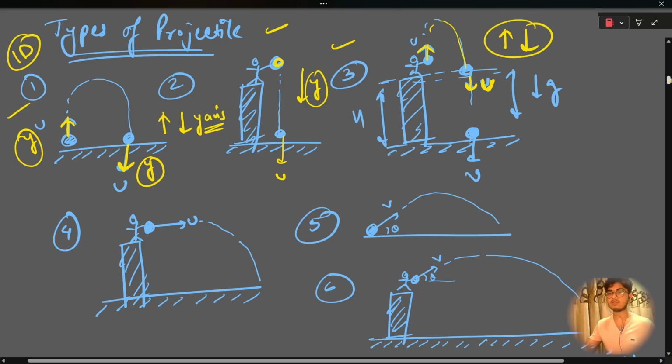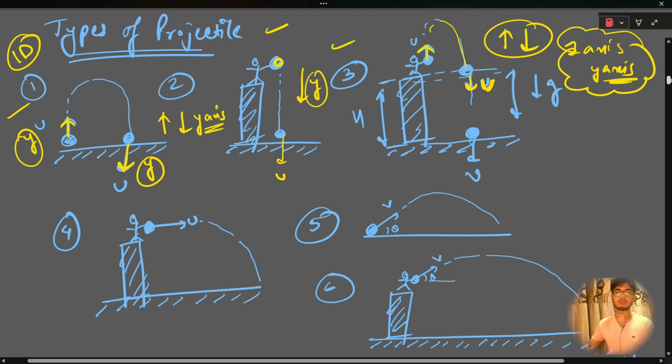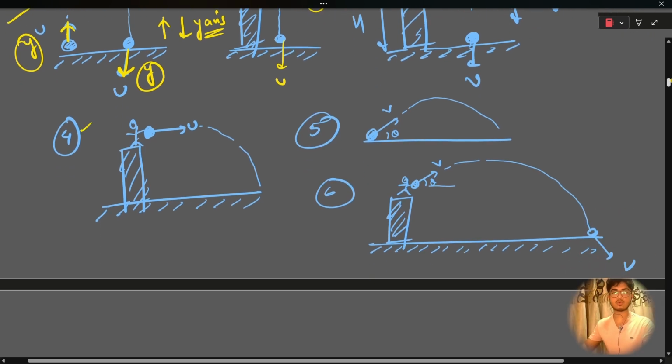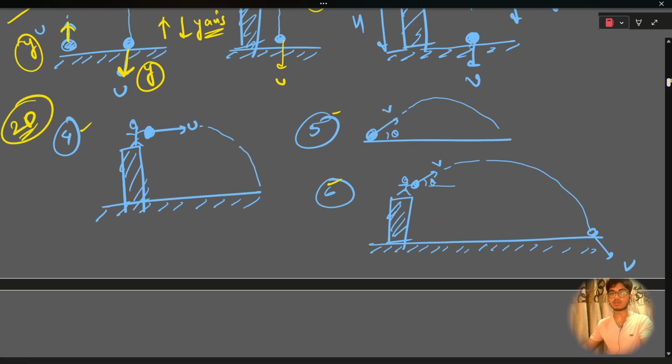That's it. Only one axis, that is y-axis, involved. But in 4, 5, and 6, these are 2D graphs. The main graph we'll be talking about is 5. This is what the entire chapter is based on, basically.